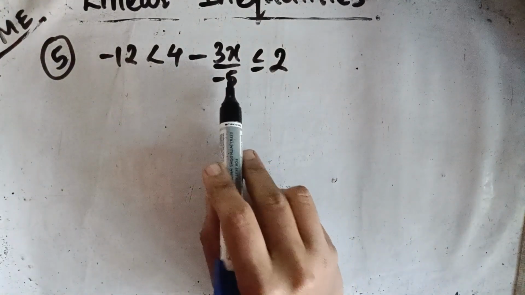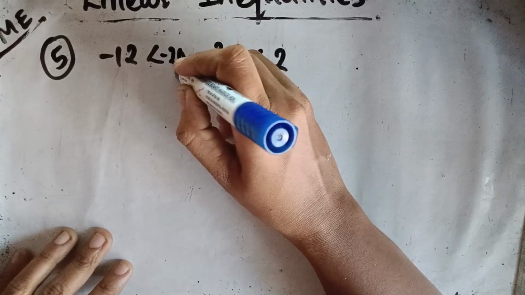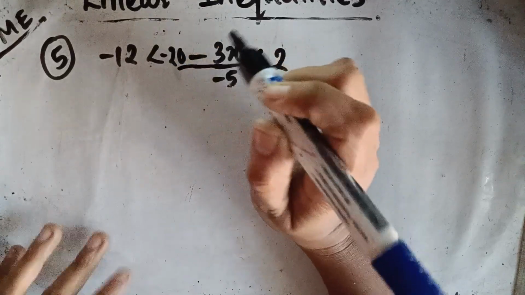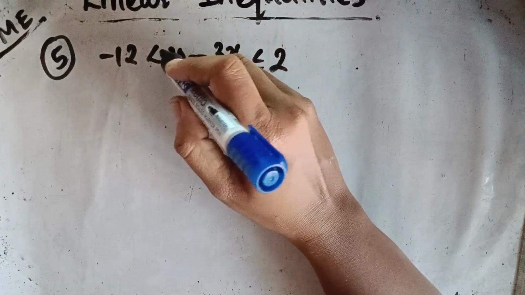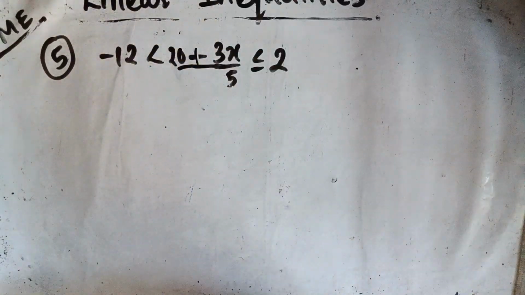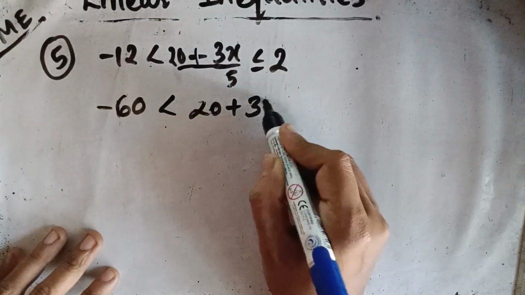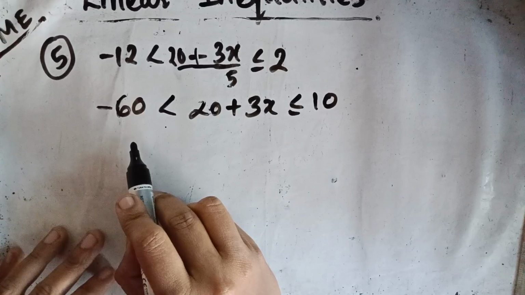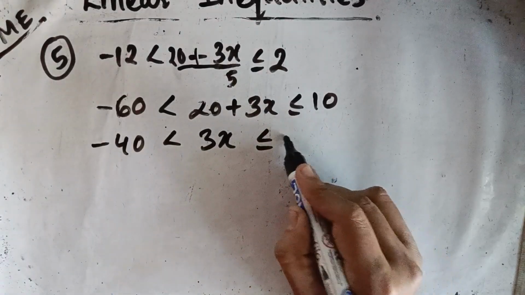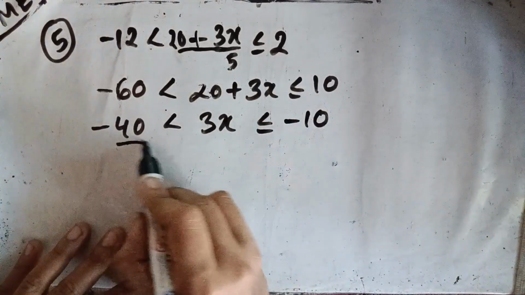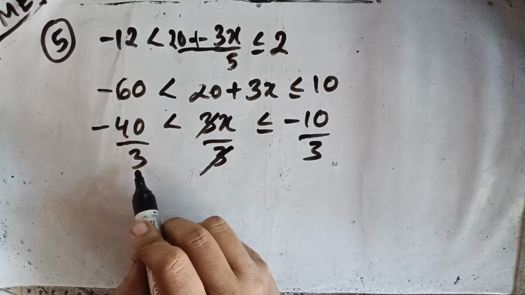next question, cross multiply this, so we'll get minus 20, okay, so I can take this minus sign above, so it will be plus, multiplying by 5, 60, minus 20, so this is minus 40, 10 minus 20, so minus 10, dividing by 3, minus 40 by 3 and minus 10 by 3.